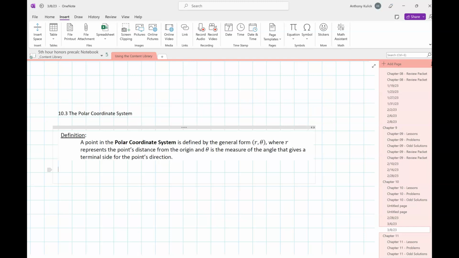What does this sound like to you? It sounds like something we've already done. Vectors, right? What is r really? In vector talk, we'd call r the magnitude, and the angle theta we'd call the direction. So this polar coordinate system is going to be very closely linked to vectors. So many of the vector techniques we used are going to come back into play here, which is great.